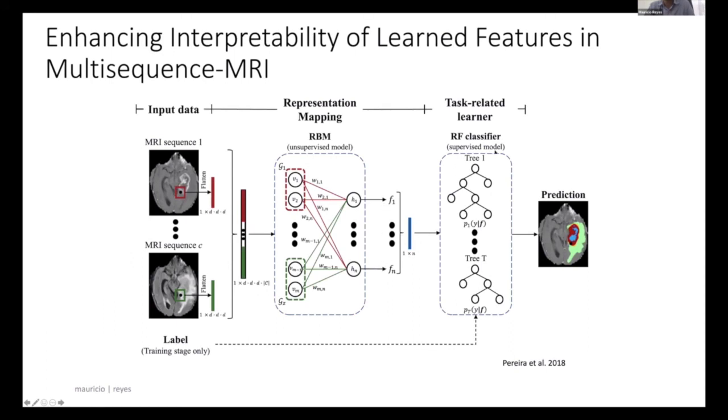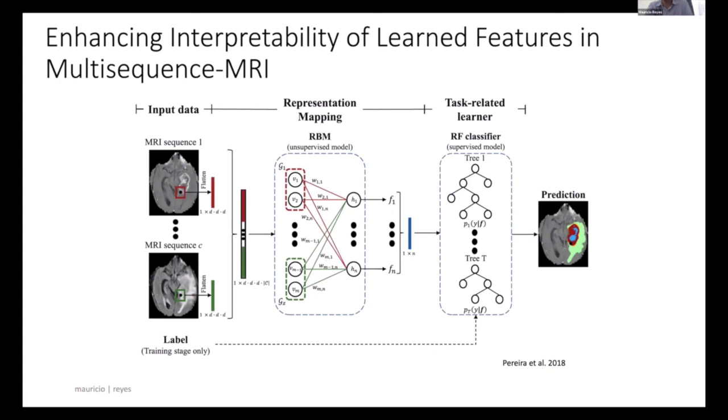Then we have a classifier using a decision tree to perform a segmentation of these images. We wanted to understand which sequences are driving the segmentation for the different compartments of this tumor and which parts of the images are important.